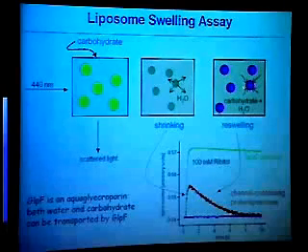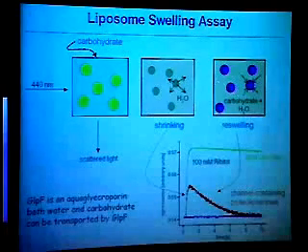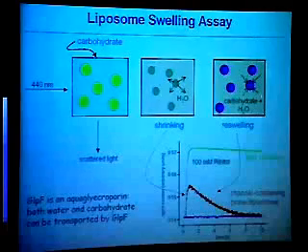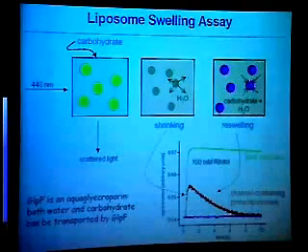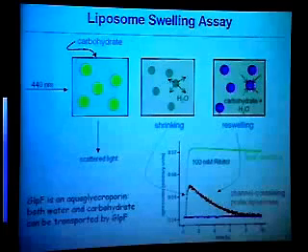But if we have some channels in those vesicles, some channels like GLPF, which can also transport sugar across the membrane, after the initial shrinking phase, carbohydrate starts going also inside the vesicle, and then it reaches its initial equilibrium phase, because at the end, we will have the same concentration of carbohydrate and water inside and outside the cell.